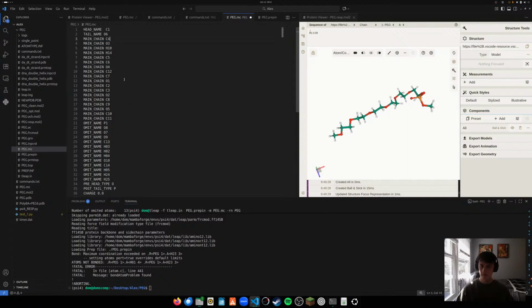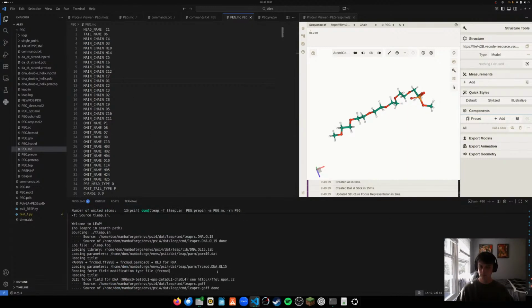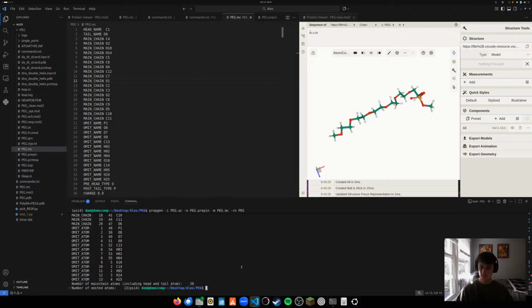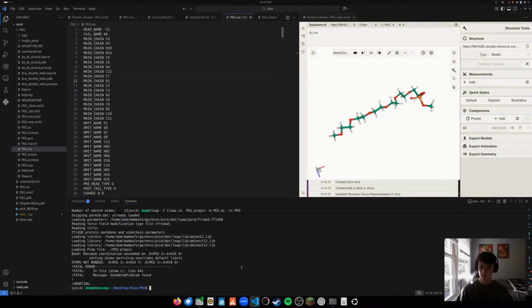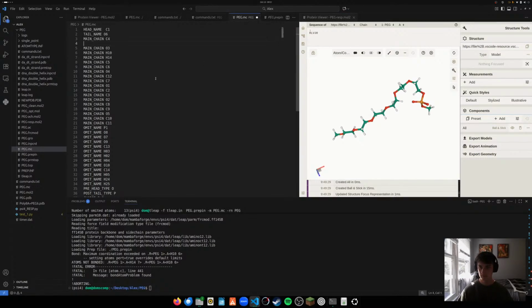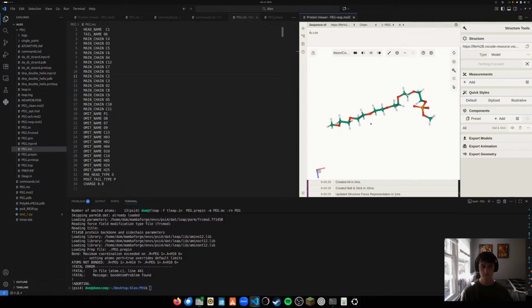HO1 and H23. That's super weird. When you add the hydrogens, it messes up. I don't think it has something to do with the head to tail being backwards.